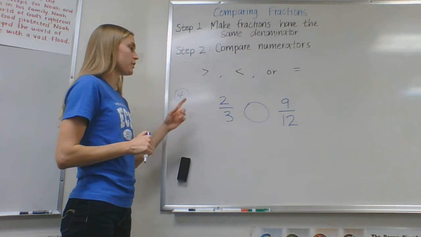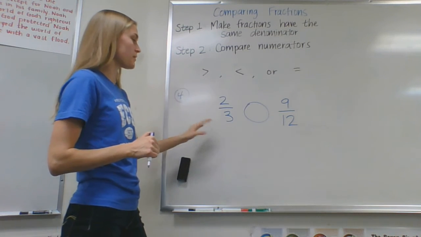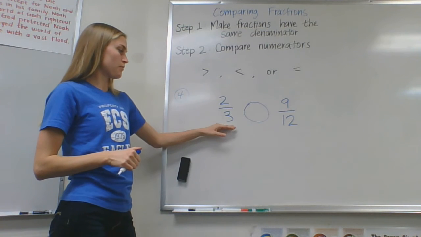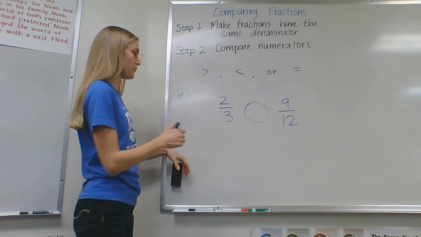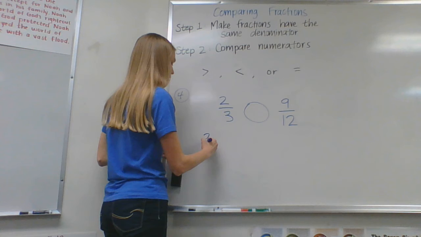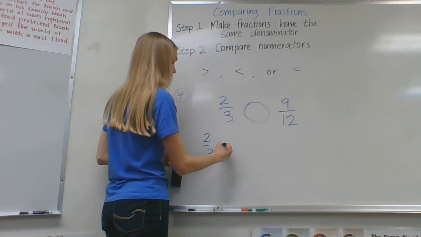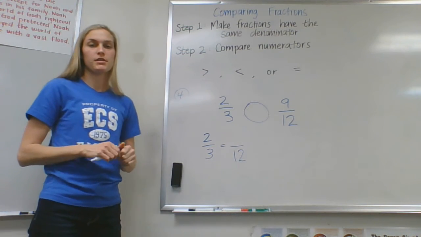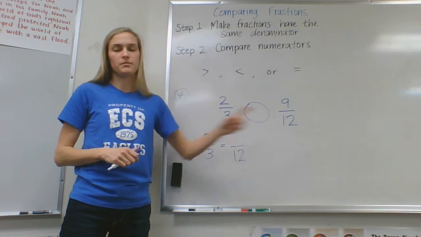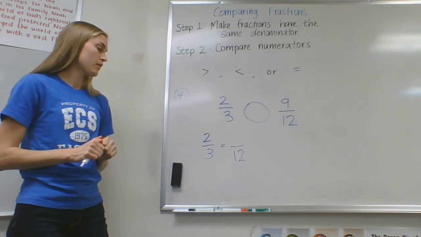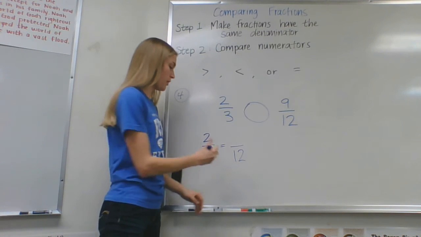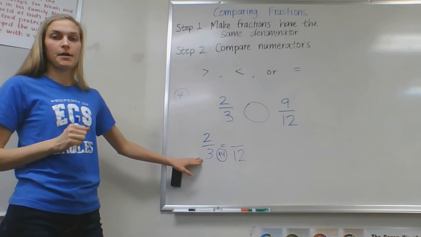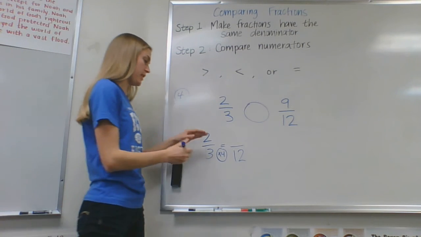All right, so the first thing you want to do, make fractions have the same denominator. We have 3, we have 12. I know that 12 is a multiple of 3, so I'm going to go with 12. I'm looking for a fraction that equals 2/3 that has a denominator of 12. To get from 3 to 12, I multiply by 4. If I do that to the denominator, I want to do that to the numerator so that it's equivalent.